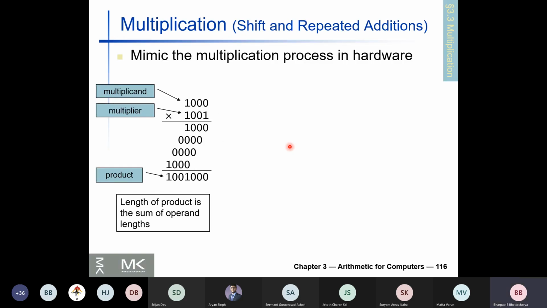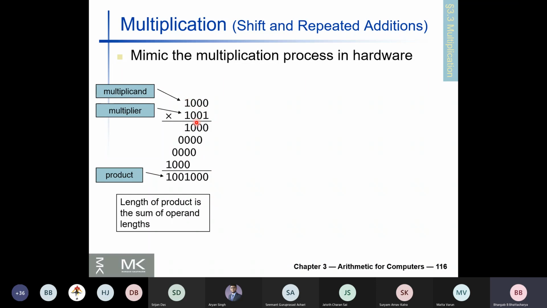In order to avoid this, in computer architecture we frequently talk about trading off cost and speed. In MIPS architecture, for example, what we usually do is emulate the multiplication process in hardware by performing repeated addition and shift.